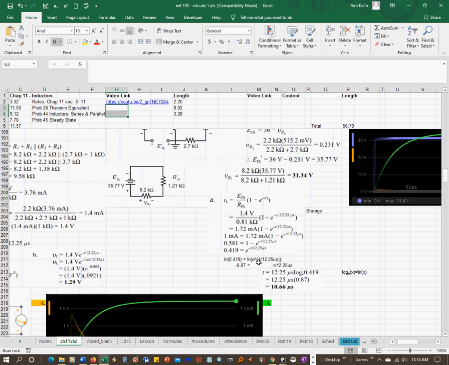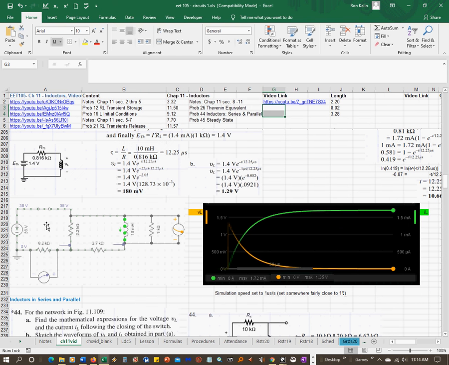Okay, so that's the power, minus t divided by 12.25 microseconds, and then you multiply both sides by 12.25 micro, and you get 10.66 microseconds.